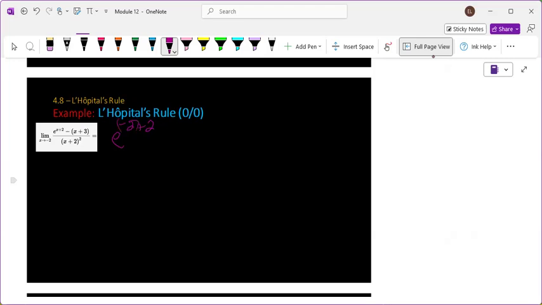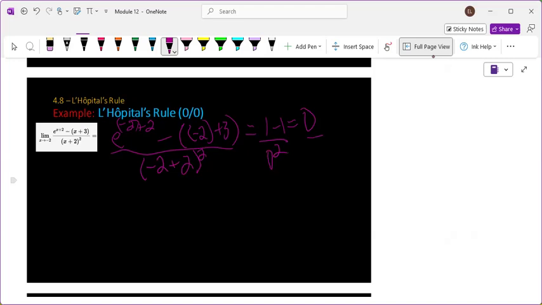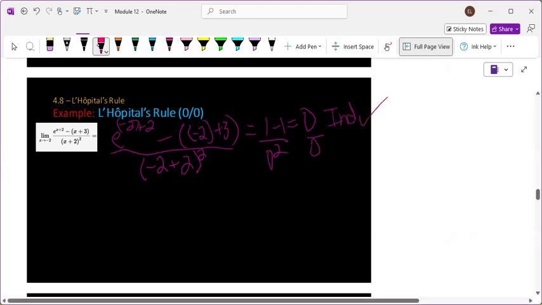All right, so e to the -2 plus 2, that'll be e to the 0, which is 1. And then -2 plus 3 will be 1. So the top is 0. And then our bottom, -2 plus 2 squared, 0 squared, absolutely 0. So we do have an indeterminate form.